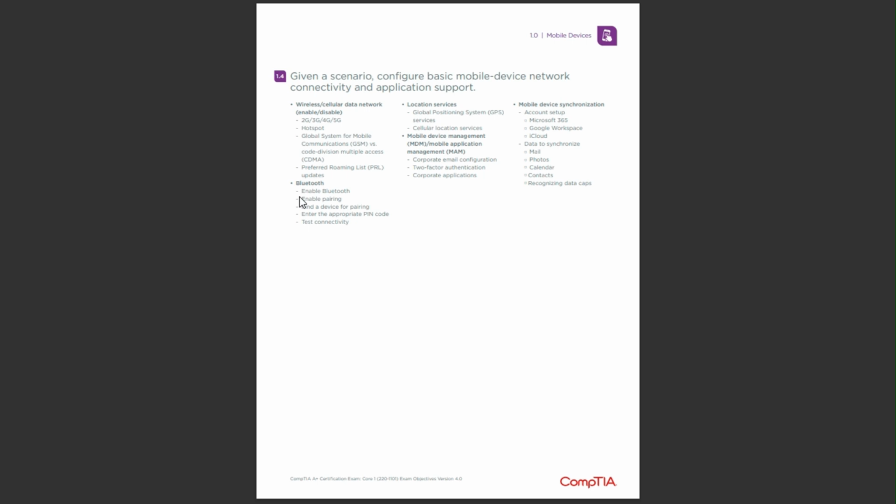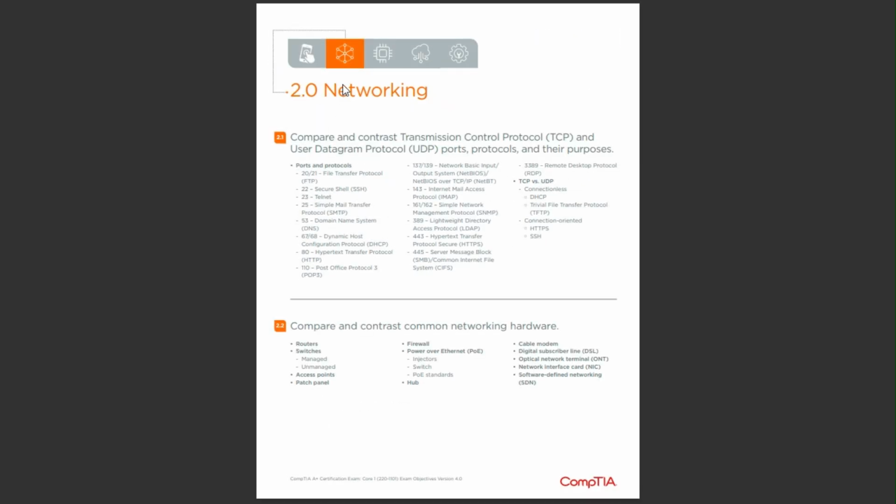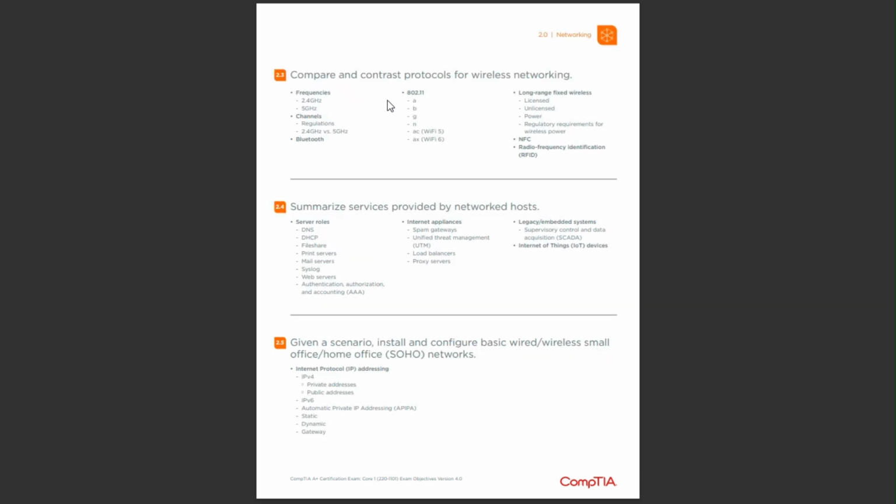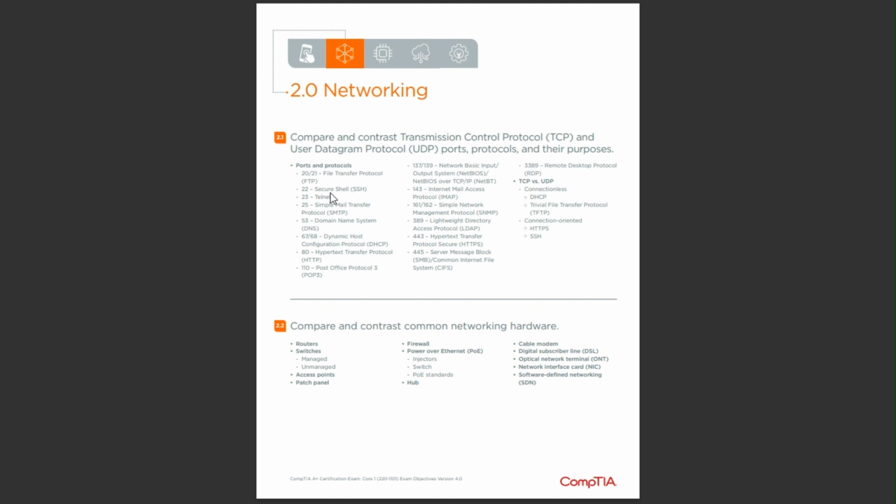But nonetheless, we are on the networking subject. So we are on 2.0 for networking, and today's video is comprised of 2.4, where we're going to focus on summarizing services provided by network hosts. Now, before we get into the presentation, and this presentation is actually going to be quite simple, do not overlook its simplicity, because 2.4 is basically married to 2.1.